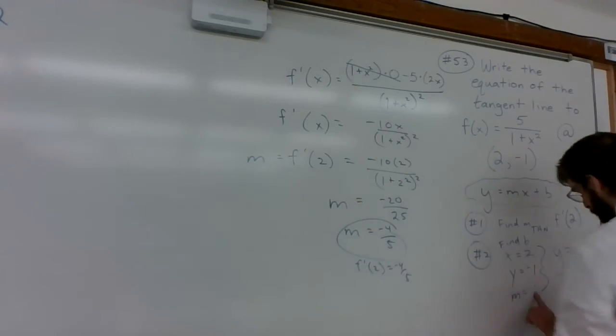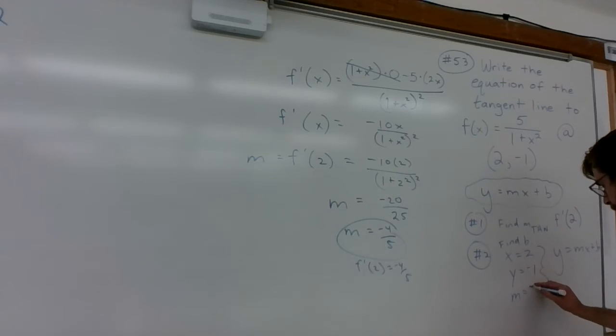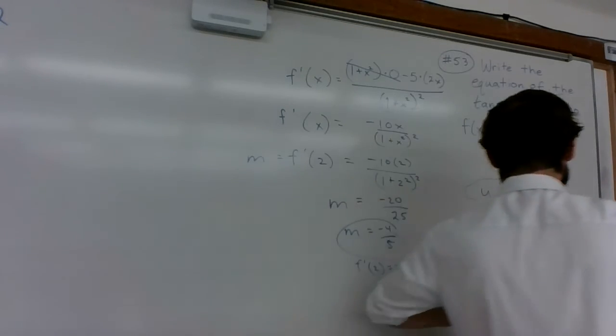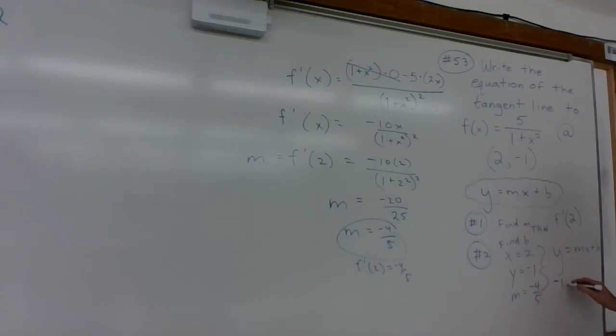So now that's going to go in place of the m right here. Y is negative 1. M is negative 4/5. X is 2. Solve for b.